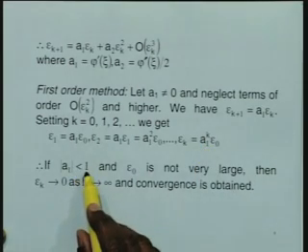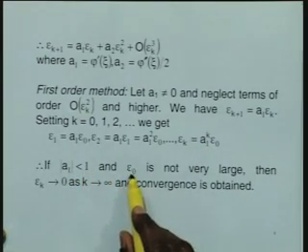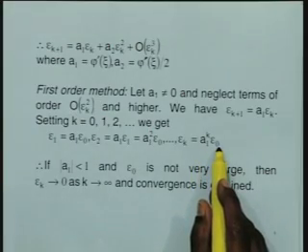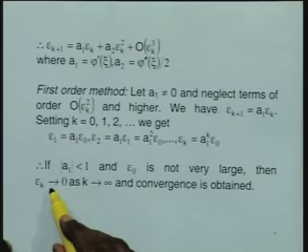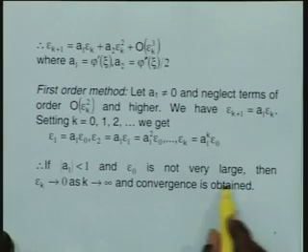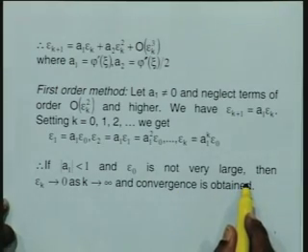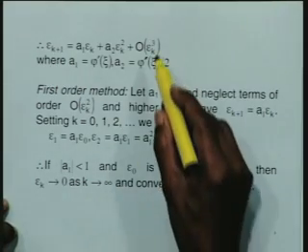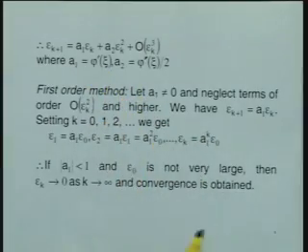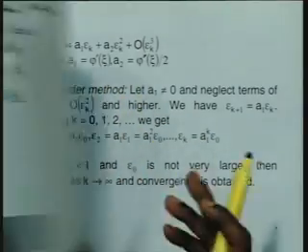Therefore, if the magnitude of a_1 is less than 1, and epsilon_0 is not large, of course, it is always a finite quantity, even if it is 2 or 5 or 10, it does not make any difference, then epsilon_k will tend to 0 as k tends to infinity, and convergence is obtained. Therefore, the condition for the method to converge is that the magnitude of a_1 should be less than 1. So, let me use this same transparency again.